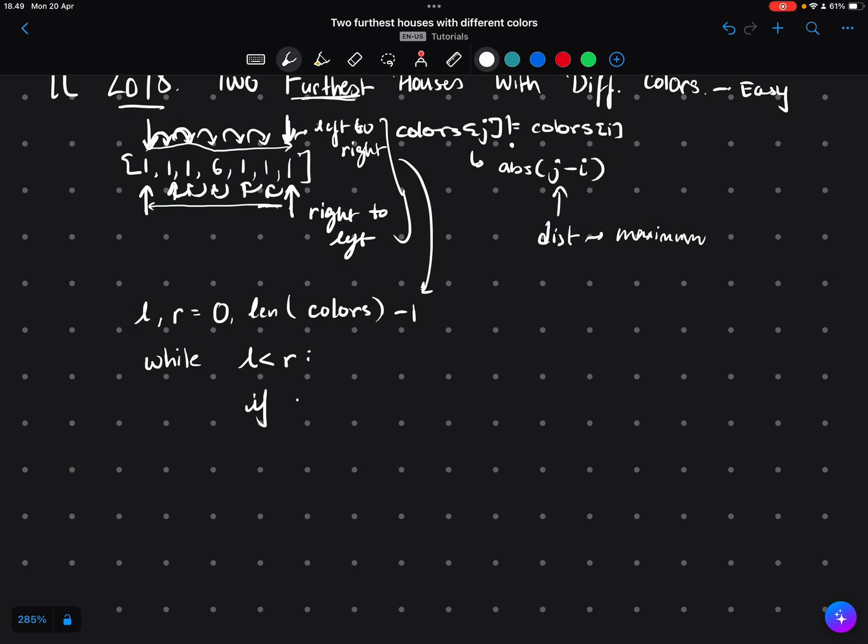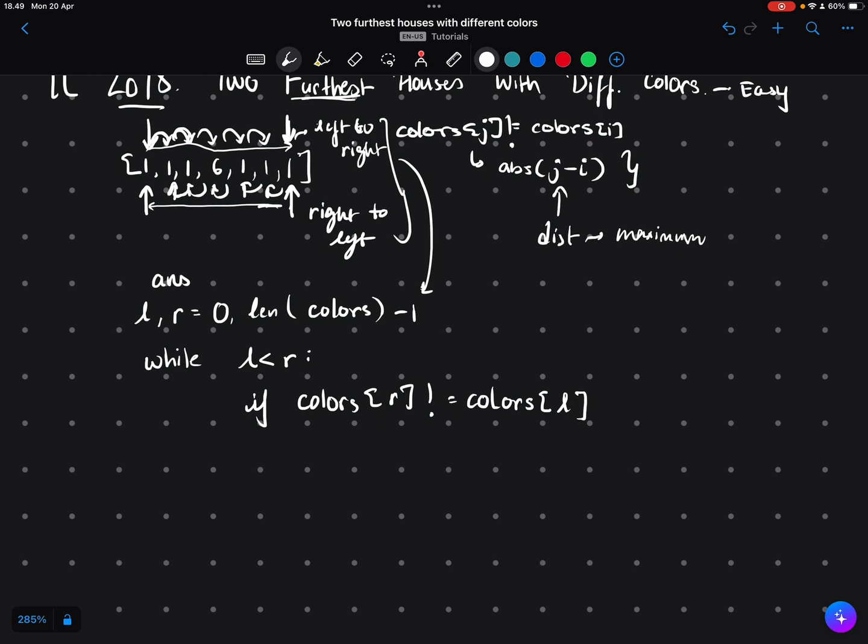If colors[R] is not equal to colors[L], so both of them are not equal, when they're both not equal, we have to do this formula.